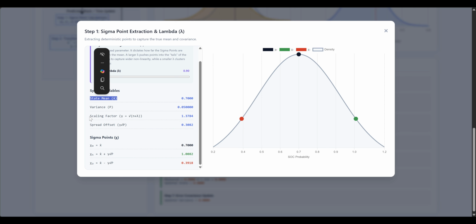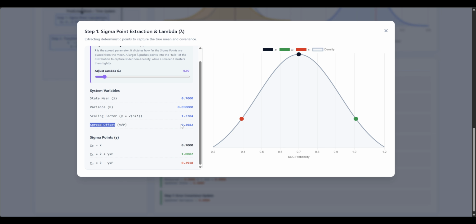Now you need to calculate the scaling factor, which will be n plus lambda. Based on that, you will calculate the offset spread.